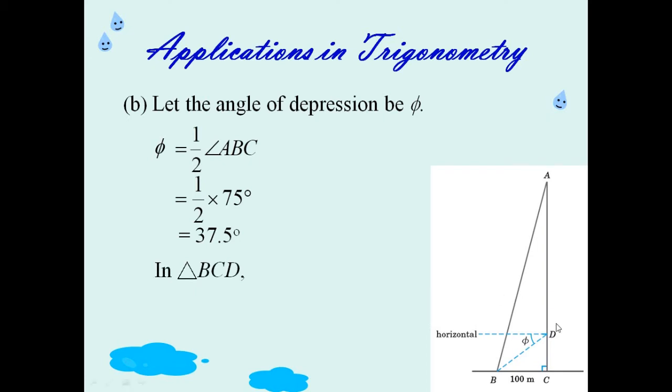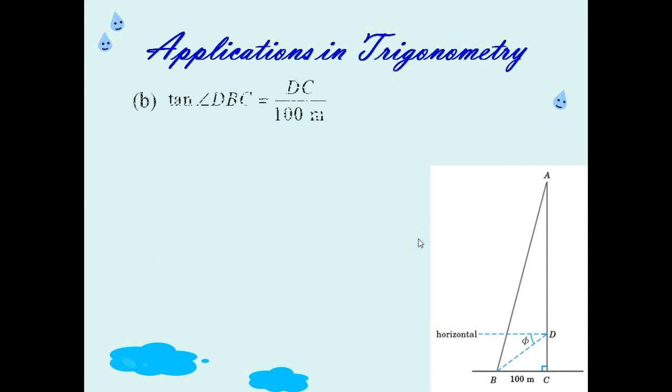So in this triangle, angle phi is just equal to this one. According to this right angled triangle, we can calculate DC. DC is the opposite side of this angle.